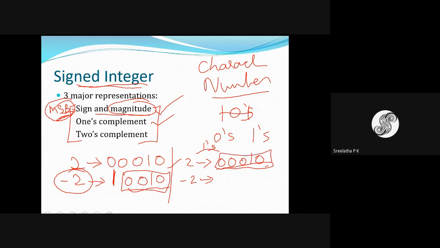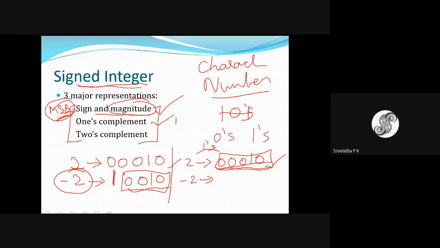It is the complement of these bits, such that when you add this one's complement and these bits, you get the highest digit. So the one's complement is the reverse of these bits.